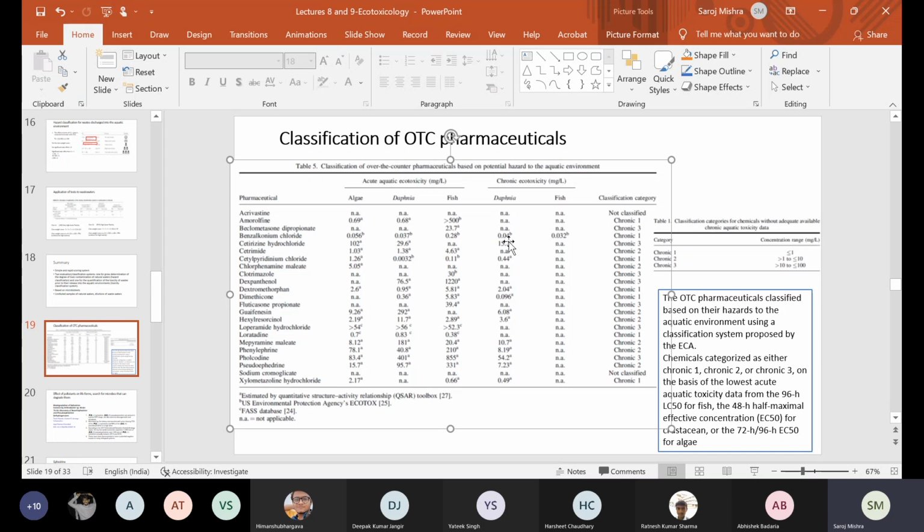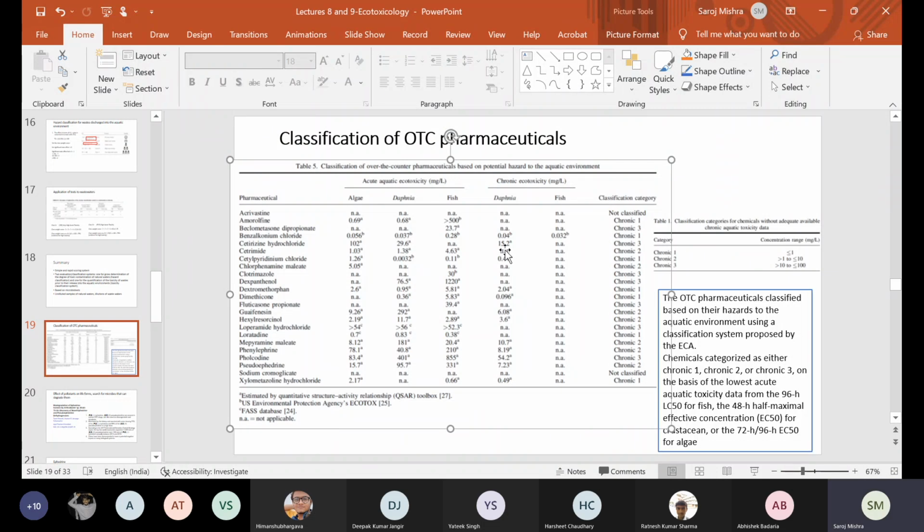These are all LC50 values. If the concentration which is required is less than 1 milligram per liter, then it is called a chronic 1. And that's the reason why this chemical is called a chronic 1 chemical, toxin rather.